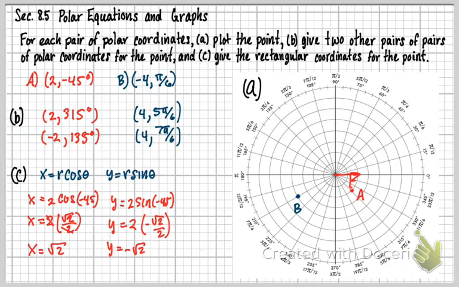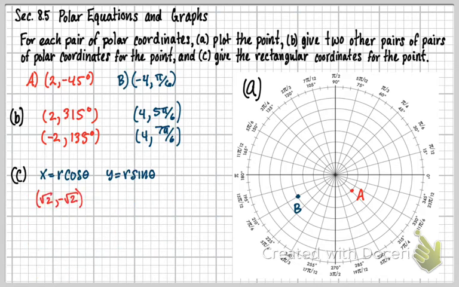So that's the idea, and that would put us right on that point. So I'm going over root 2 and then down root 2, and that puts us exactly where that point A is. So again, it doesn't change the location of it. It only changes the coordinates and the way they look. So my ordered pair is going to be square root of 2, negative square root of 2. Okay, so there it is.